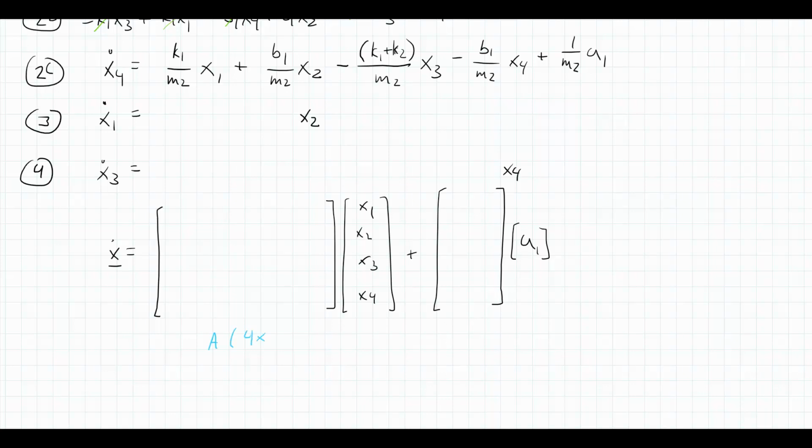So this is A, and again, 4 by 4. And this will be B, and I know that that will be 4 by 1. I have 4 state variables, but I only have 1 input variable. So 4 rows, 1 column. All right, so let's fill in what we need. It's going to turn out that equation 3 will actually go first because that's my x1 dot term specifically. So 0, 1 in front of x2, 0, and 0 in front of u1.